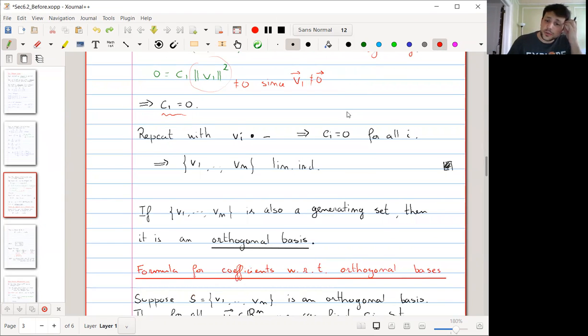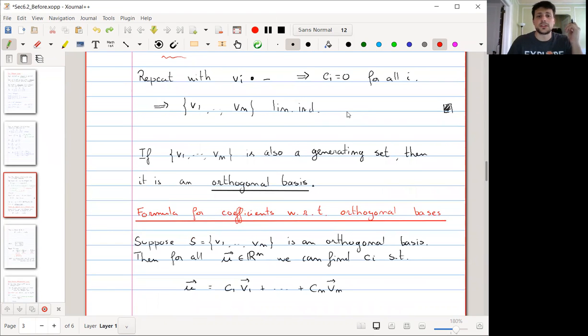The importance of an orthogonal basis is the following thing. There actually is a formula to find the coefficients of any vector in terms of an orthogonal basis. So what I've written here is that if you have a basis v1 through vn, which is orthogonal, then since it's a basis, you know that you can write any vector u as a linear combination of v1 through vn.